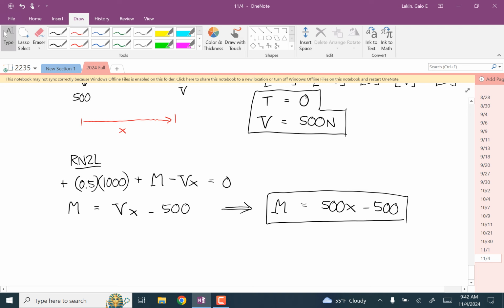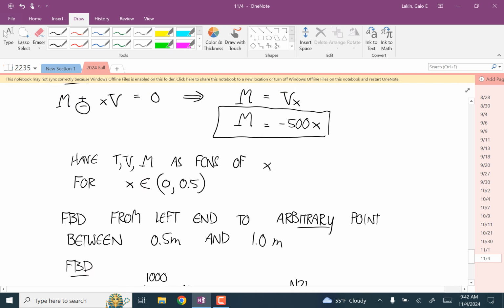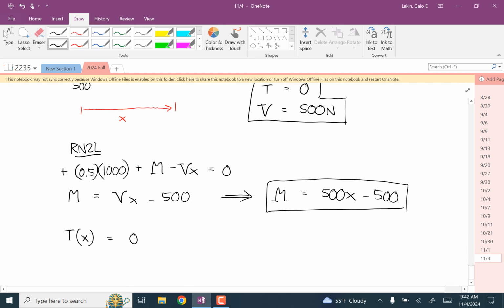Okay, so what we have now is piecewise functions for these internal loads. T as a function of x is, so notice, it's 0 the whole way. That one's boring.